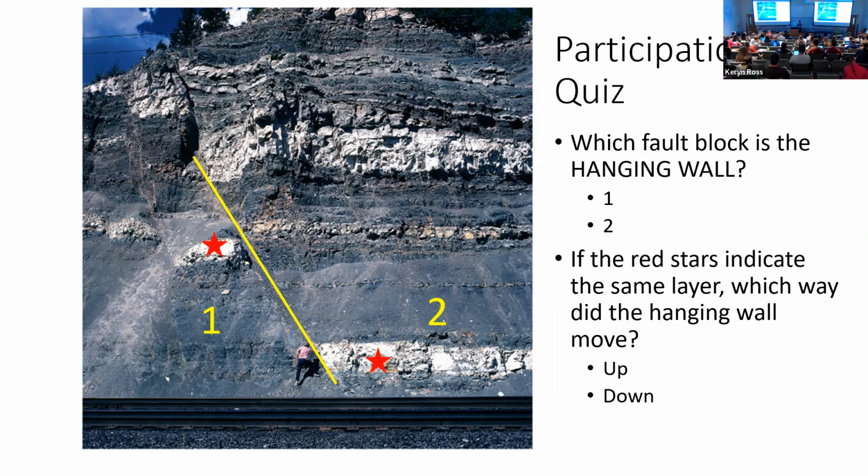Okay. All right. Which fault block is the hanging wall? One or two? Two. Does anybody want to talk about that some more, to make sure you feel good about picking out which one is the hanging wall? Okay, let's do that.